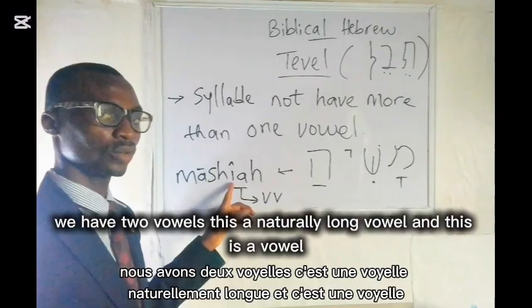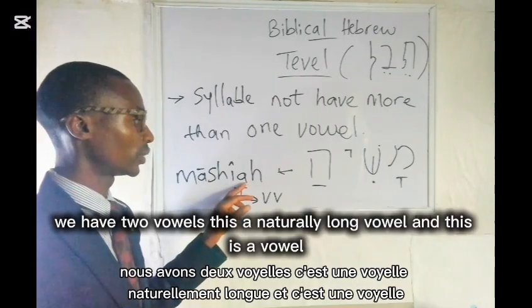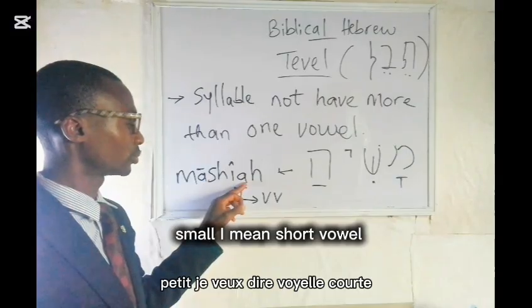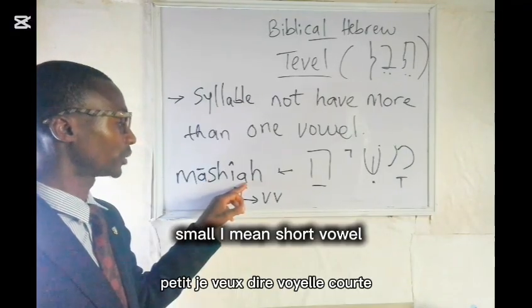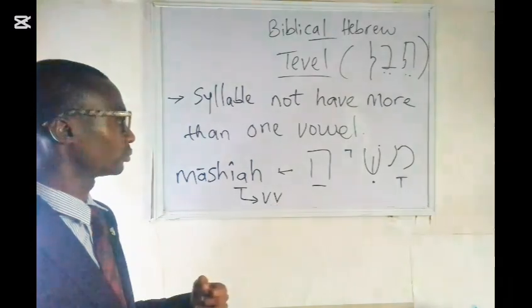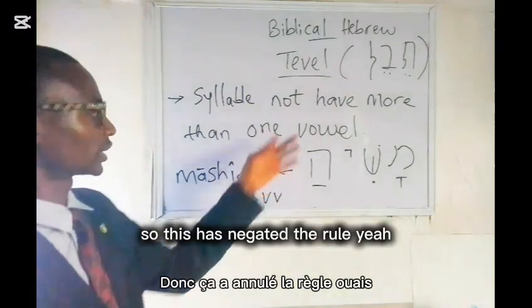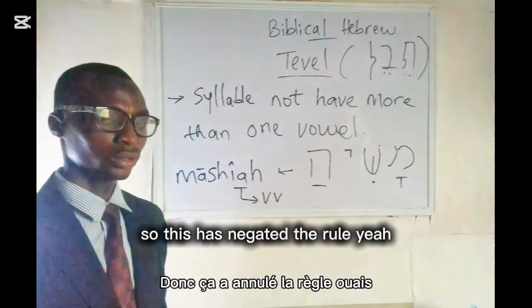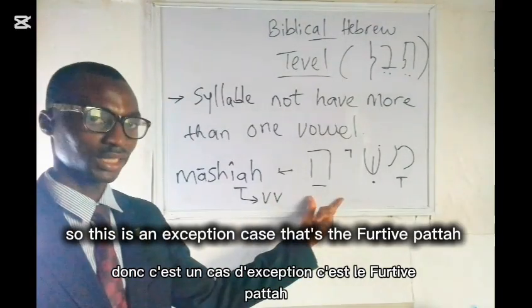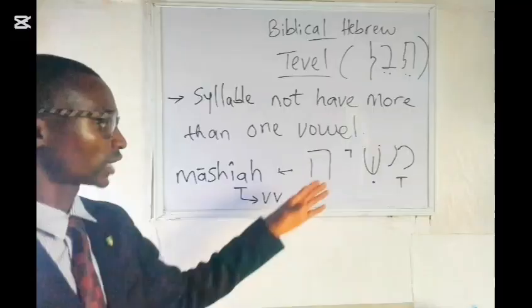This is a naturally long vowel, and this is a short vowel. Now we have vowel, vowel. So this has negated the rule here. So this is an exception case. That's the 40th pattern. So when the 40th pattern is there, the rule doesn't hold.